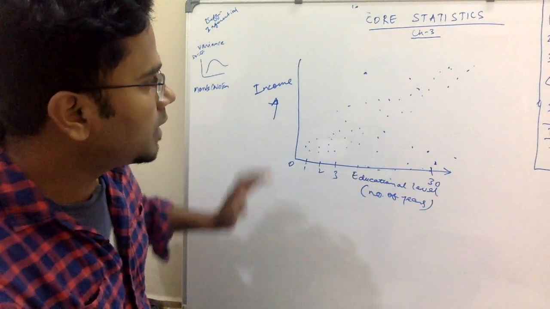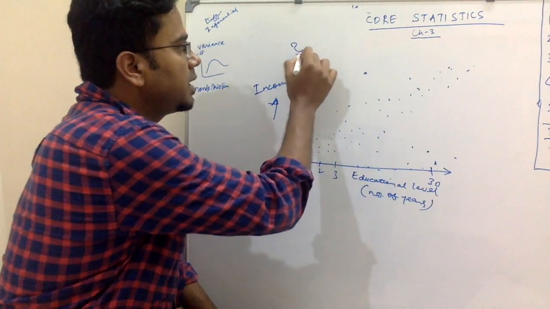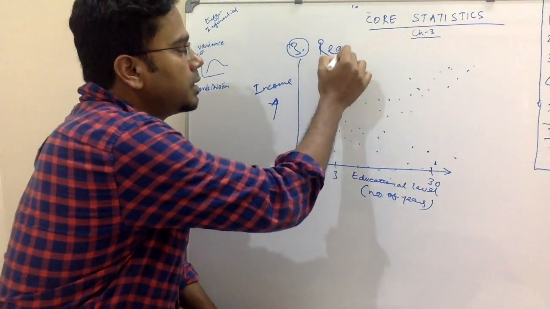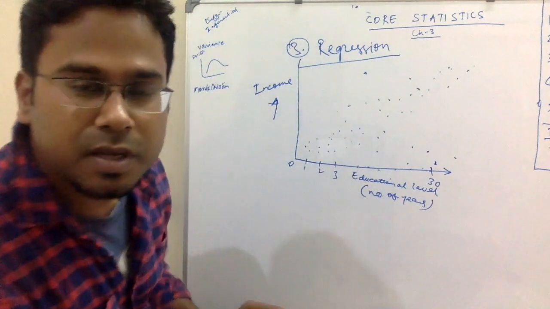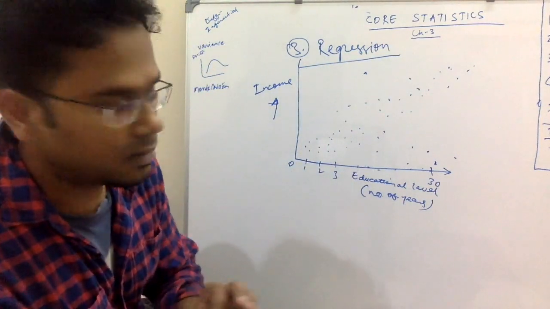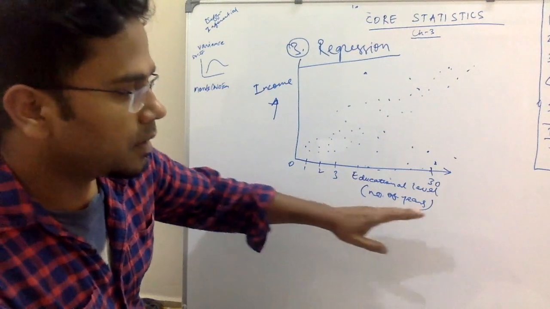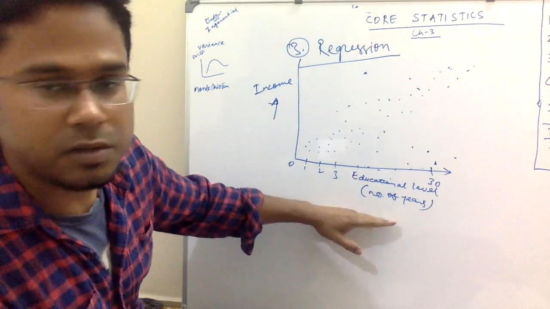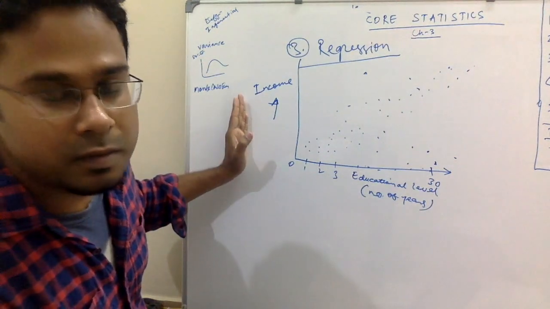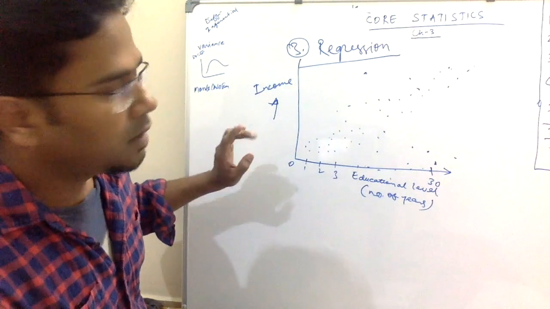Now regression, what it basically does is that it tries to find a pattern in the data. So regression is nothing, it's a pattern between independent variables and the dependent variable. Here the independent variable is education level, dependent variable is income, right?